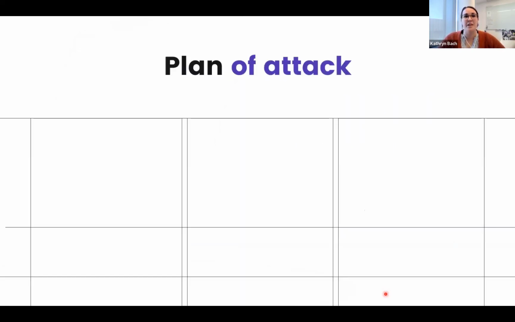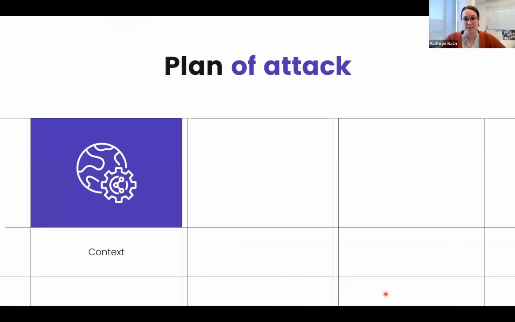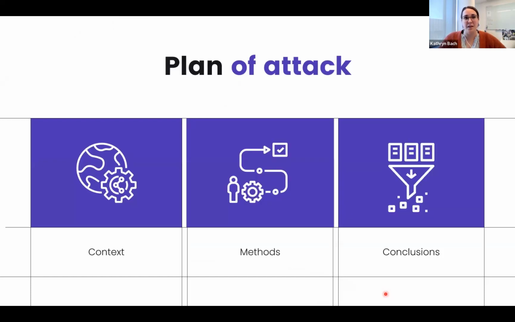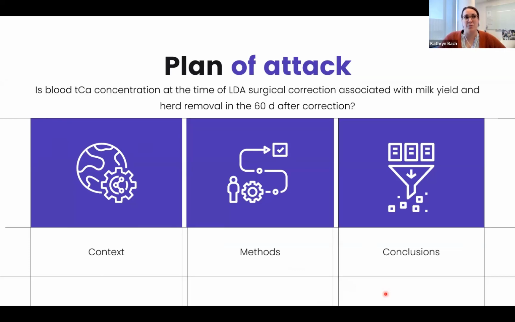And so my plan of attack was to think about the context, the methods, and the conclusions of my paper. If you go back to that question, the context here is blood total calcium at the time of LDA correction. That's the beginning of my story.